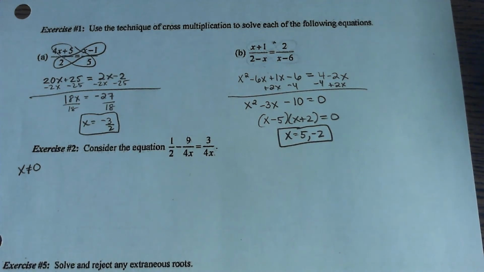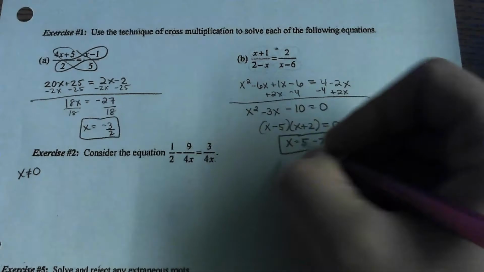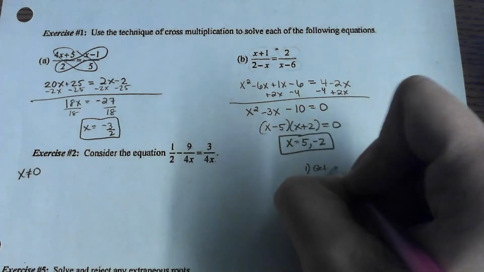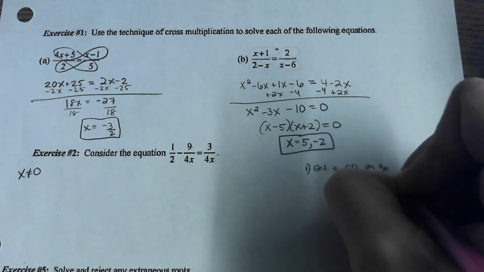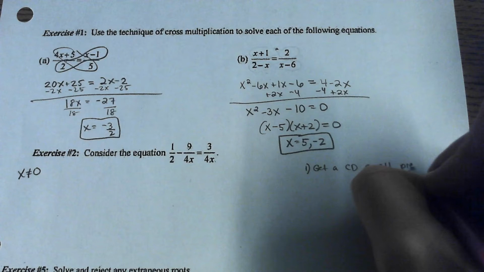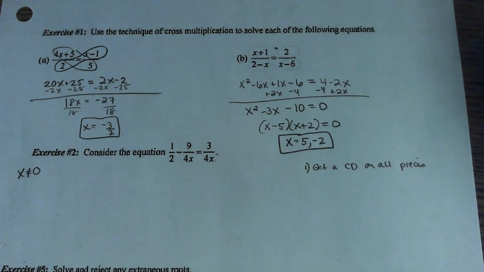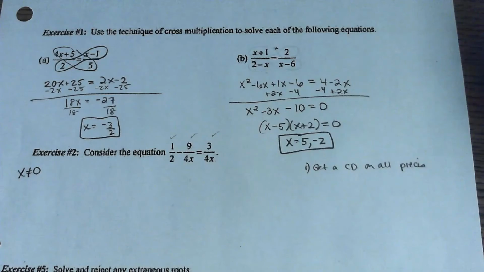Now, this is something on which we cannot cross multiply. So the steps for solving rational equations are going to be: get a common denominator on all pieces. So this one has 3 pieces. 1, 2, 3.